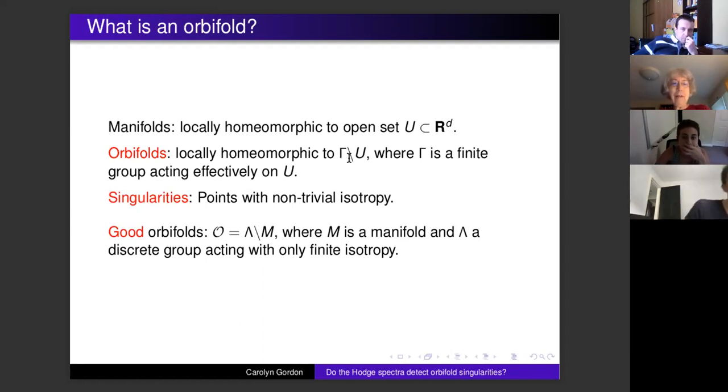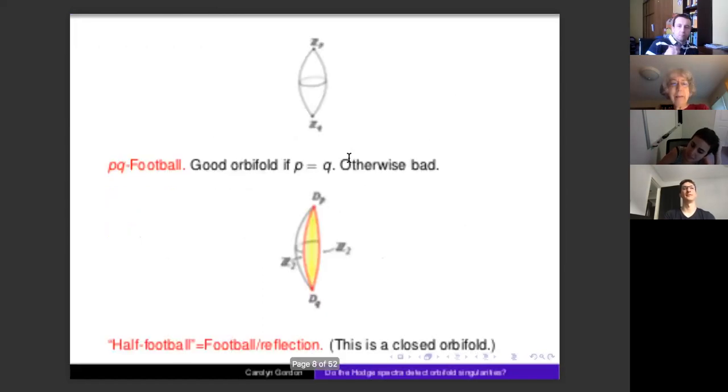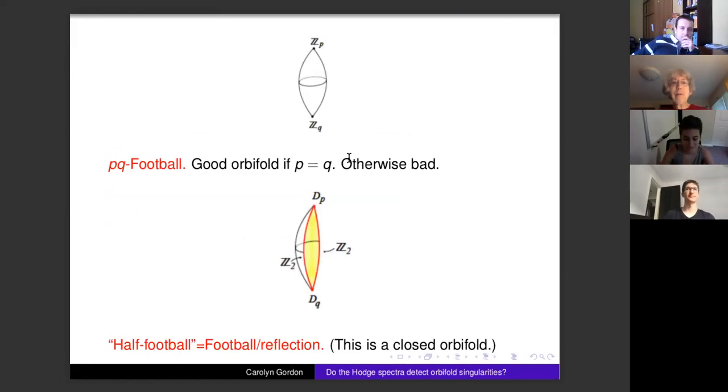So for example, if you take hyperbolic space and quotient out by a discrete group that may have fixed points, you'll get an orbifold. Here's an example. This is what we call the pq football. It has two cone points.